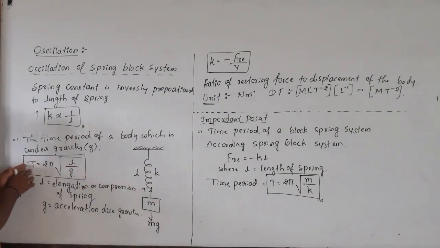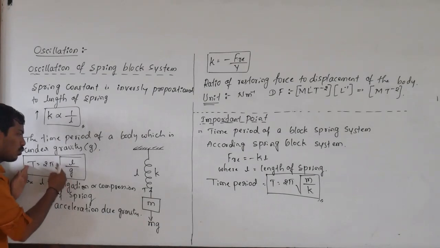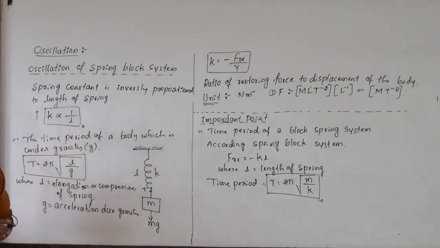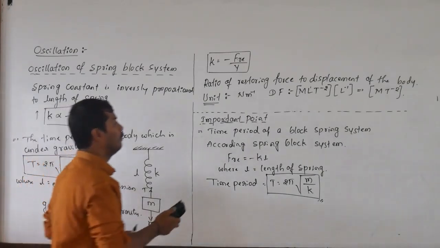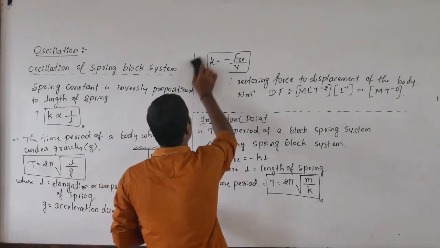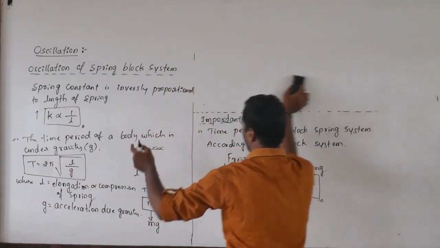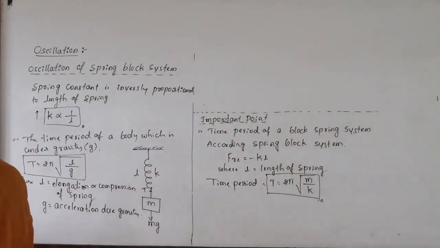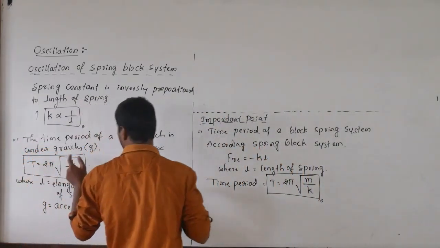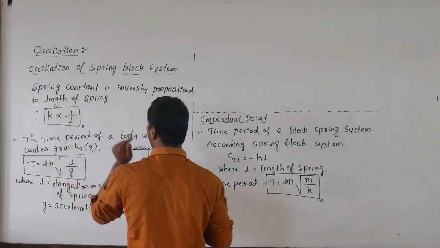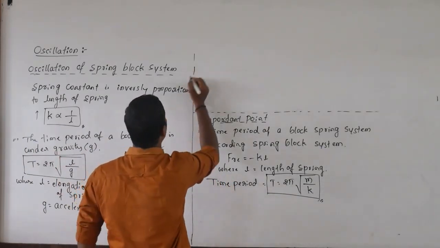Then the time period is directly proportional to the square root of the length of the spring. That's a very important point. The time period of the spring which is hanged freely is directly proportional to the square root of the length of the spring.